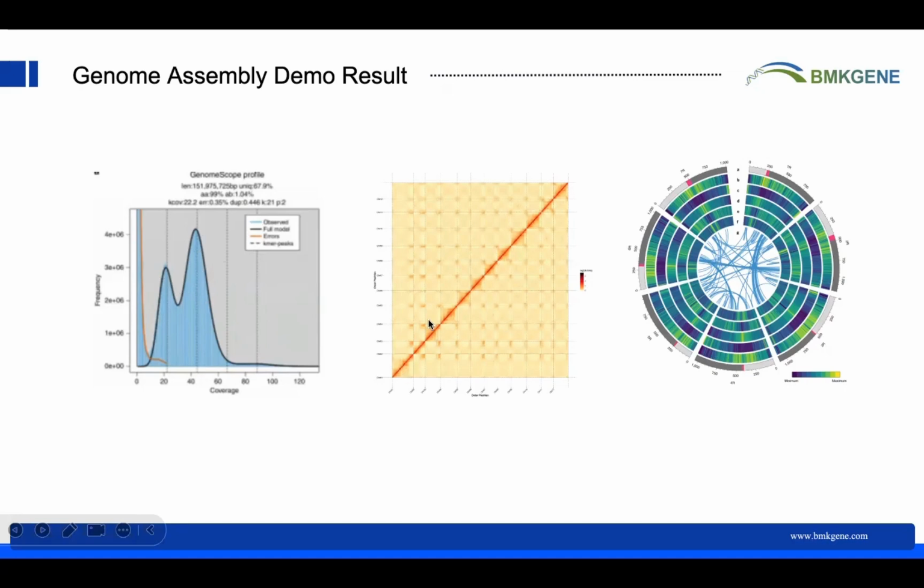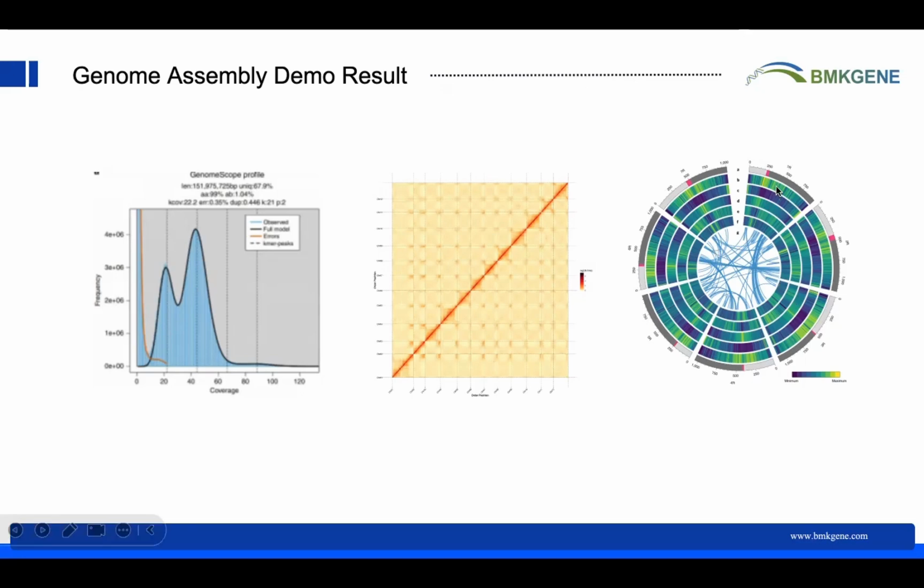If it's a very good assembly, then the Hi-C signals will be significantly higher along the diagonal lines, because the interaction signal within chromosomes will be the highest.